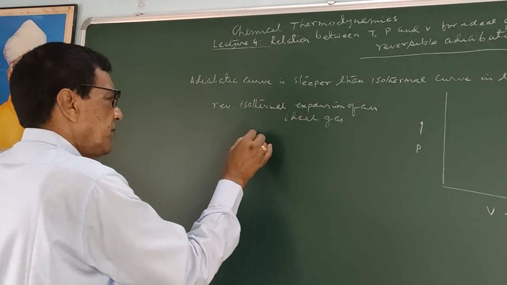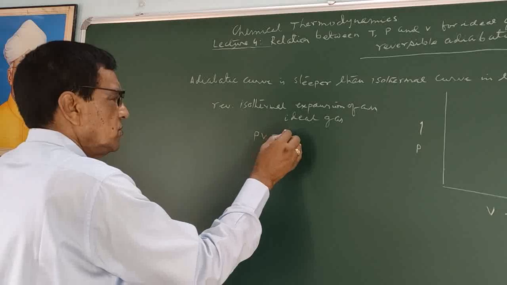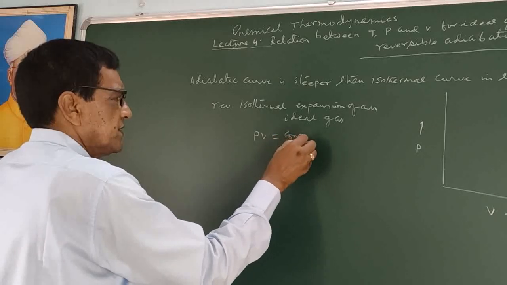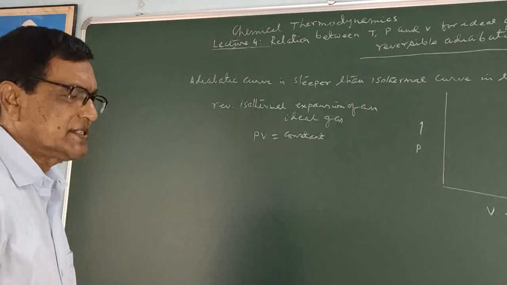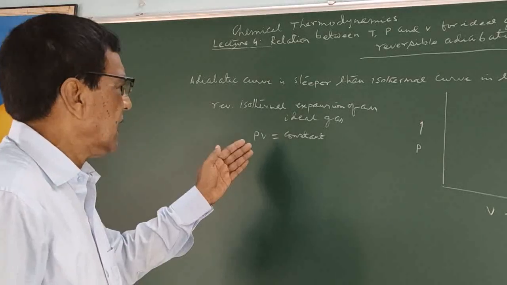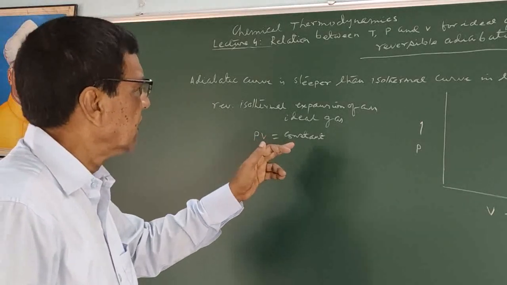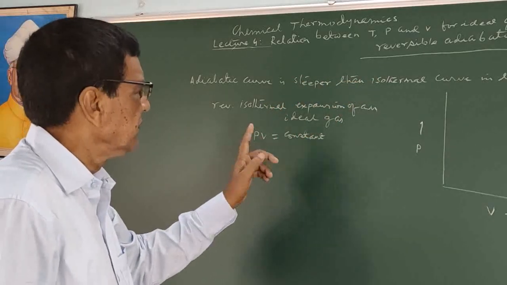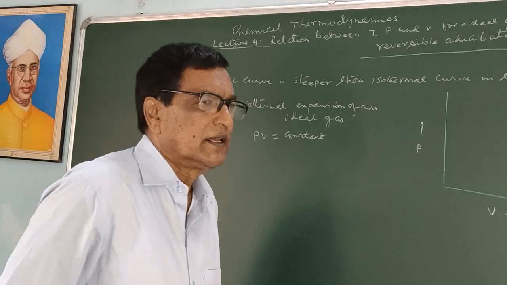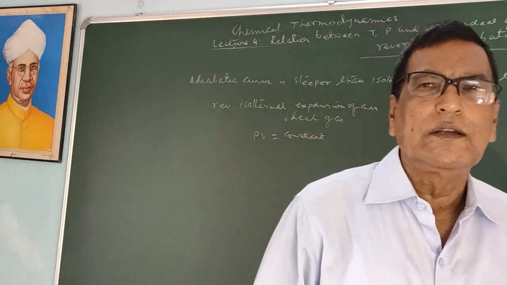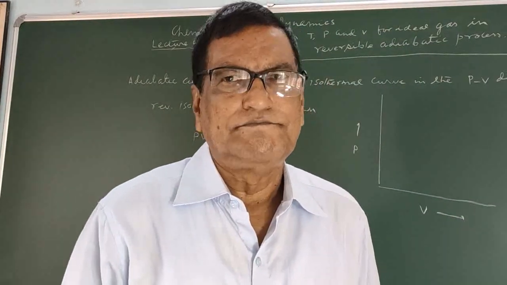So in this relation, PV equal to constant, very famous Boyle's law for the fixed amount of this gas. And PV in a reversible process, pressure versus volume, will be the rectangular hyperbola curve.